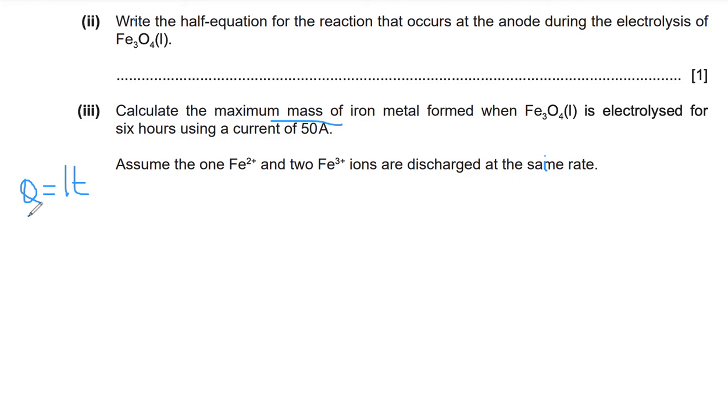Q we have to find out. I is 50 and time is to be written in seconds, which would be 6 hours. So 1 hour is 3600 seconds. So 3600 multiplied by 6 would be 21,600.